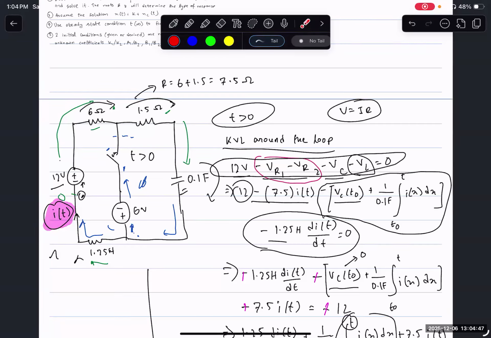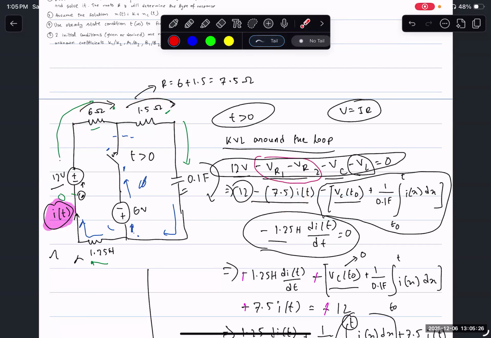All right, so KVL starts from here, 12 volts. Then there's a certain voltage drop here, which is VR1, a certain voltage drop here, which is VR2, then a certain voltage drop here, which is VC, and a certain voltage drop through this inductor, which is VL, and all equals to zero because we come to the starting point again, right? So if we replace the values, 12 minus, what I did here is that I combined these two resistances because they're in series.